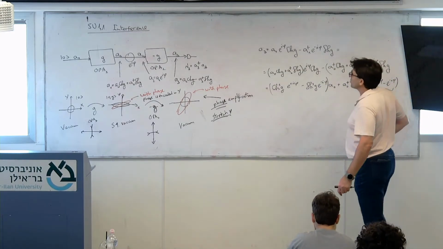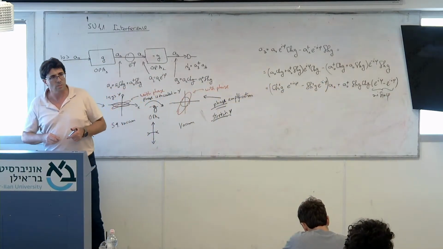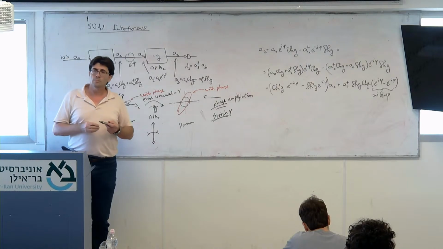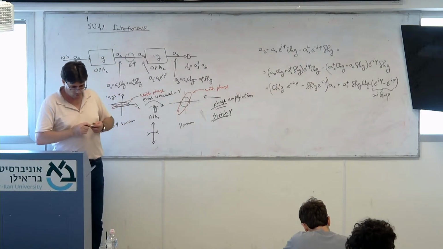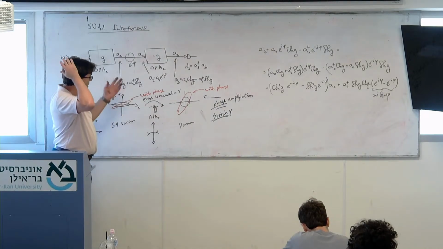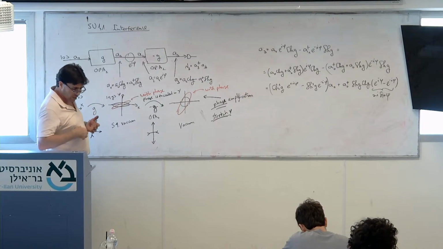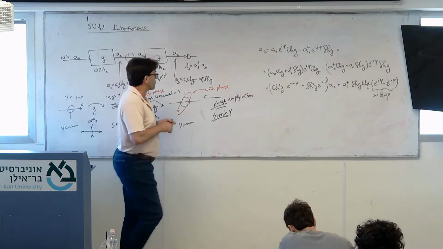Okay, and then we can do the calculation, and I invite you to do it. Actually, I'll give it to you as a home exercise, so you will have fun. I do think it's an easy one.